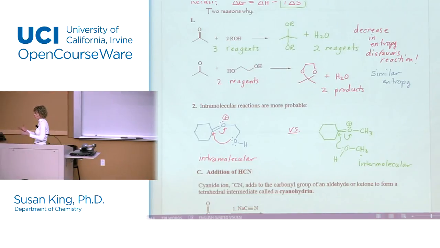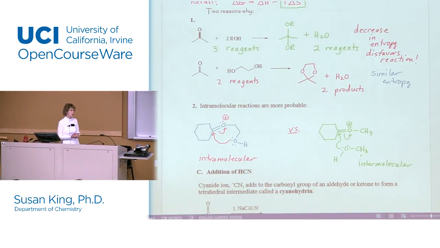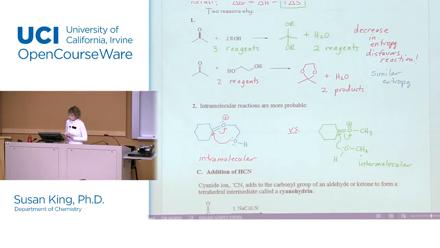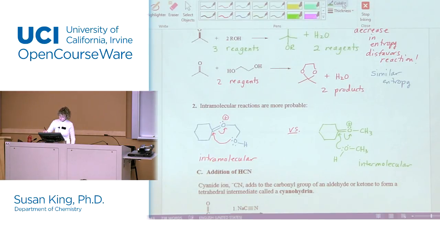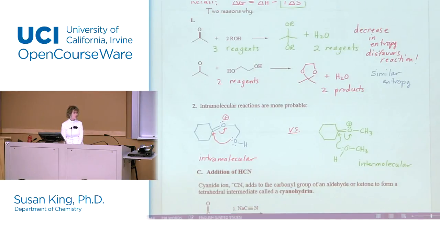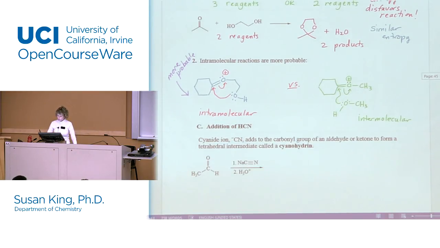If it's intramolecular, you don't have to wait for the two species to collide. It's a much faster, much more probable reaction. And remember, this is an uphill reaction. We are forming a product that's less stable than our reactant. So this is more probable. All right, so for all those reasons, that's the typical protecting group that we're going to use for aldehydes and ketones. Any questions on acetals?